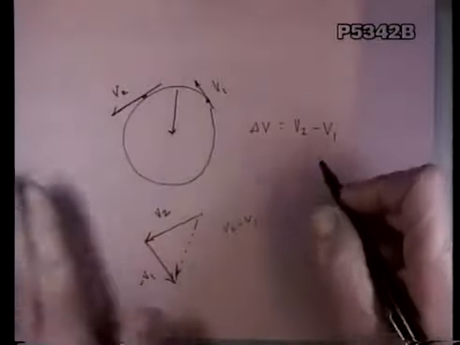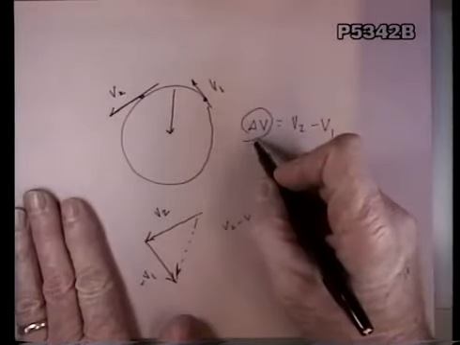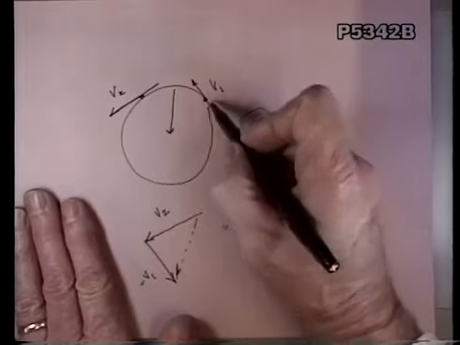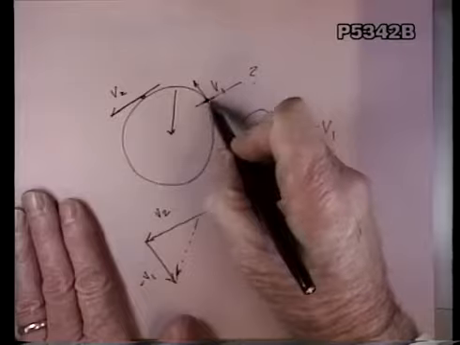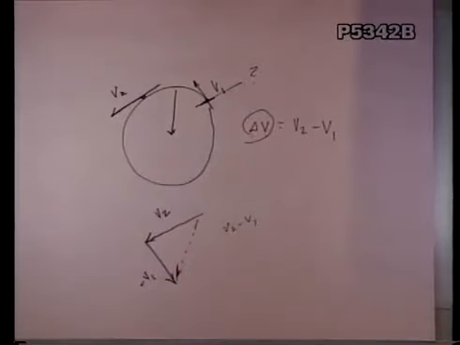The symbol is Vt, and we can also calculate the tangential speed a different way. We could calculate the change in velocity, but what we'd like to know is what is the instantaneous velocity at this point. That's a little more difficult.